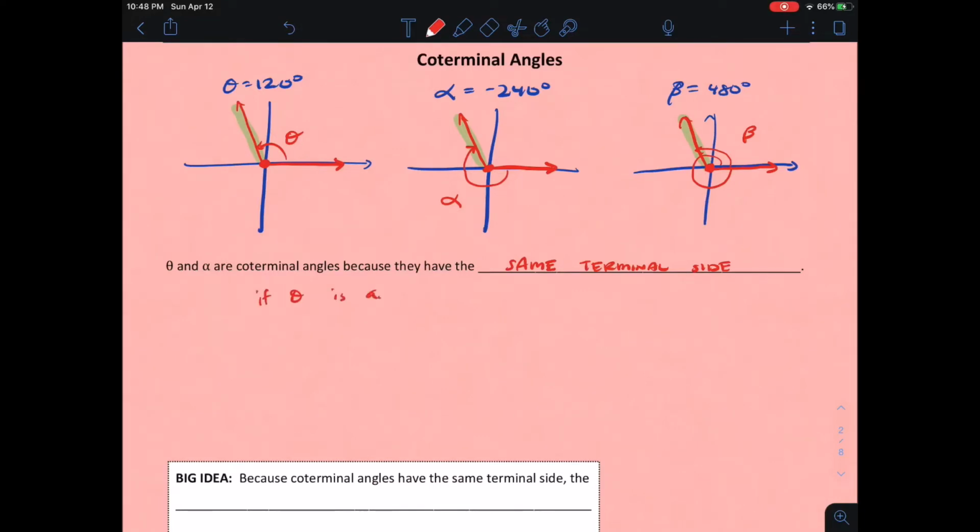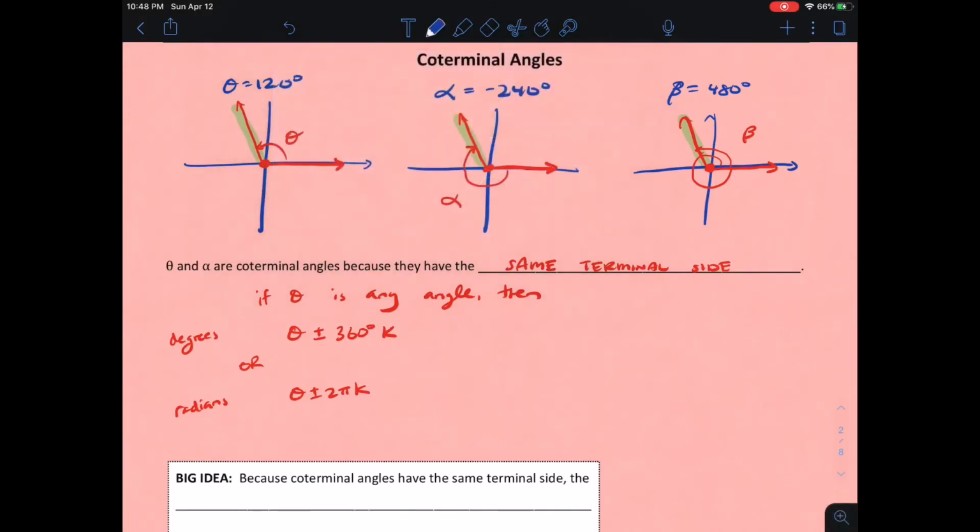So if theta is any angle, then depending on whether you're in degrees or radians, you're pretty much going to do the same thing. If you're dealing with degrees, you're going to take theta and add or subtract as many multiples of 360 degrees as you want. Or if your angle is in radians, you're going to add or subtract as many multiples of 2 pi k as you want.